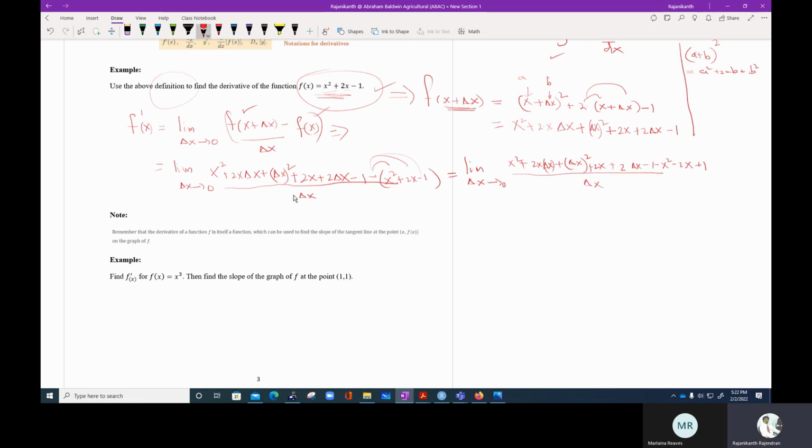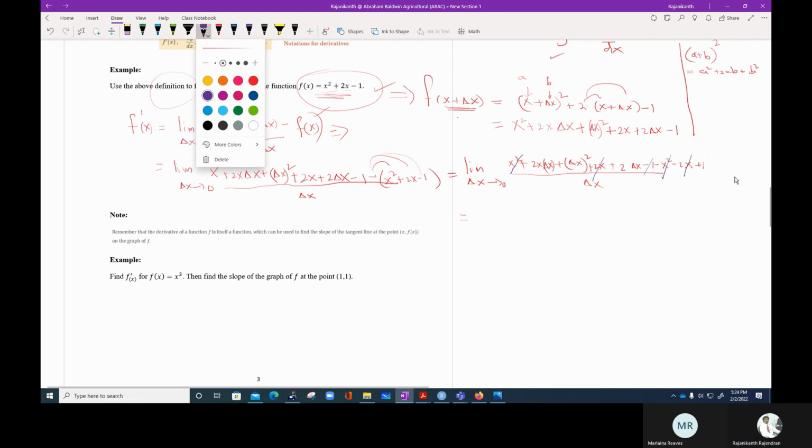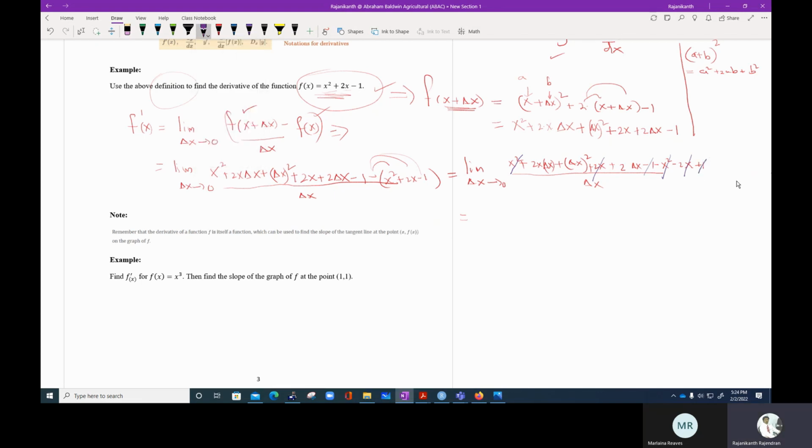Look at that: x squared will be cancelled with negative x squared. Negative 2x and positive 2x are gone. The negative 1 and positive 1 are also cancelled. So be careful when you simplify. Now we can write down the remaining terms.